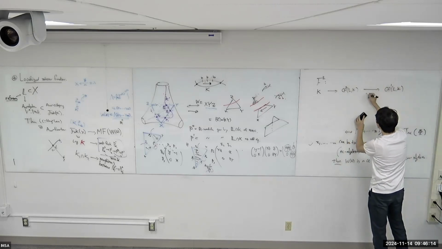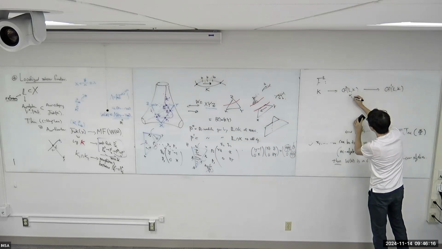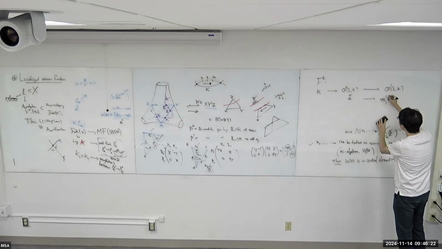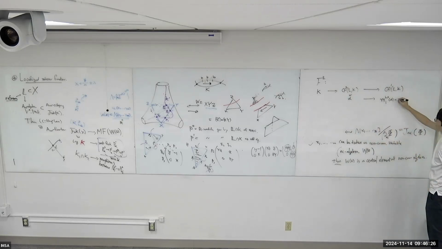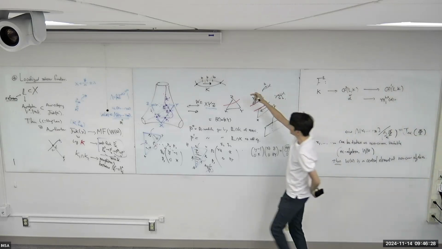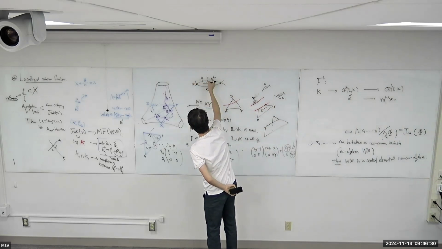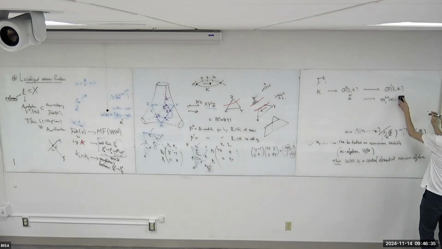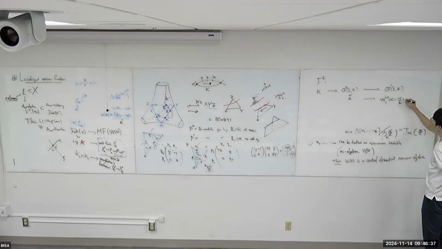And this map, when you have a generator alpha, you send it to M1 B0 of alpha. So this means you allow all insertions of B's and then alpha, and look at the output. So this is the sum over M_k of B, B, B, B, and alpha.